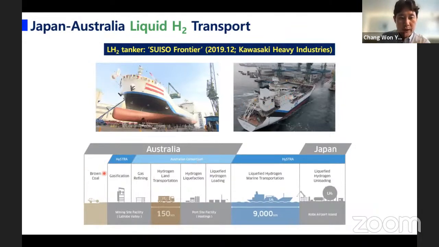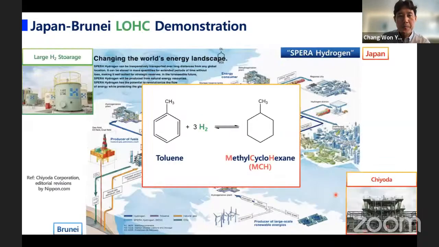From Australia, again, brown coal gasification produces hydrogen, which is made into liquid hydrogen and transported over 9,000 kilometers to Japan. They're going to use this hydrogen for different applications.